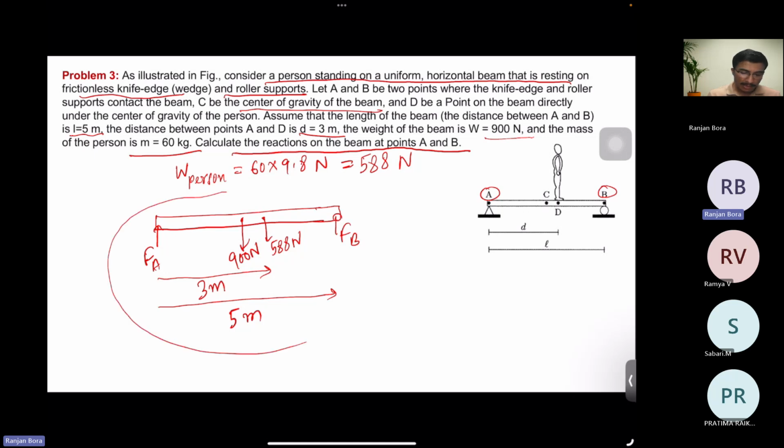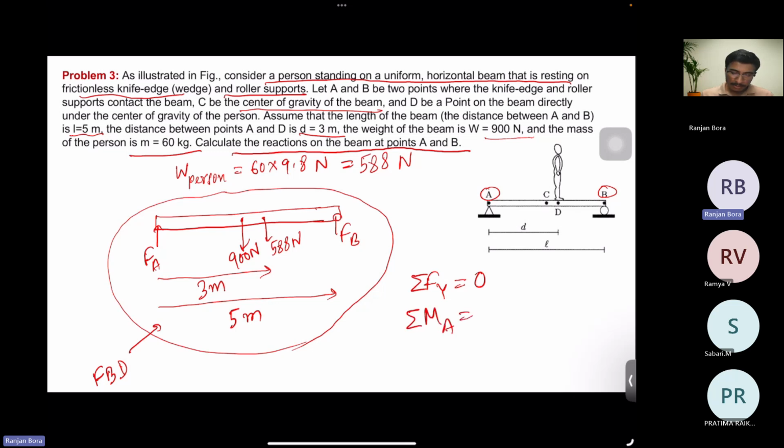So now you can apply those equilibrium conditions for solving the problem. This is the free body diagram. What are the equilibrium conditions you will apply? Summation of force in the y direction should be 0, and this will give us one equation, and summation of moment about the point A will be 0. Because this system is in equilibrium, that's why we are using these two equations.